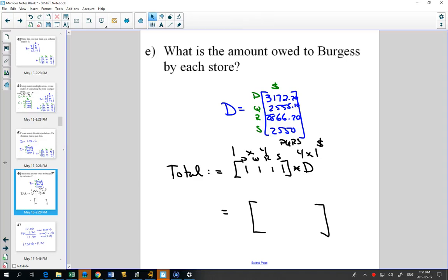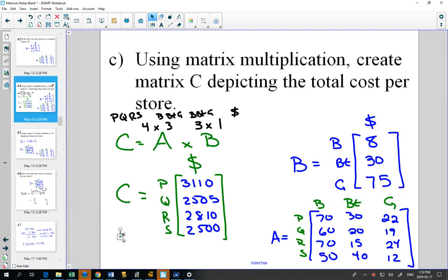So matrix multiplication, as we saw in just part B, allows us to figure out a bunch of information quickly. It said the total amount because it multiplied and it added. And the key to matrix multiplication, so I'm going to go back to this slide where we had slide C, is that if the numbers in the middle match up, and they match up to be the same thing in the same order.